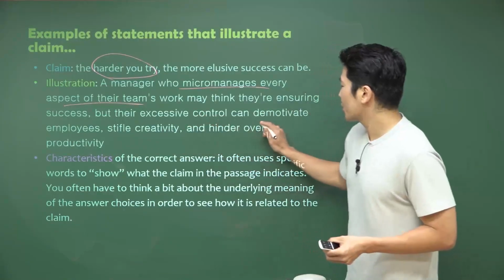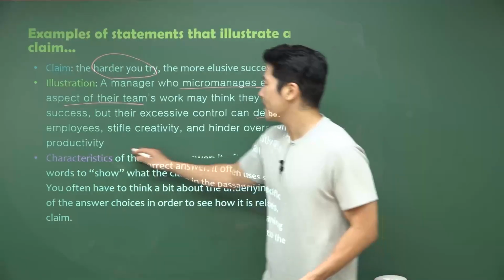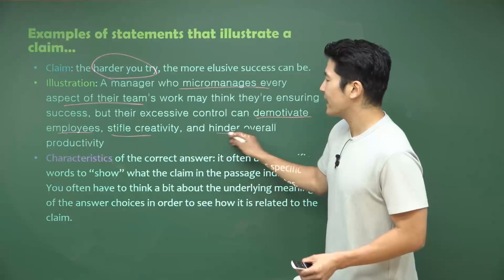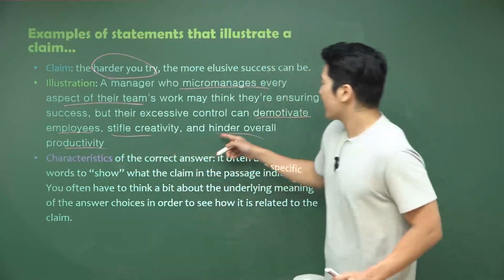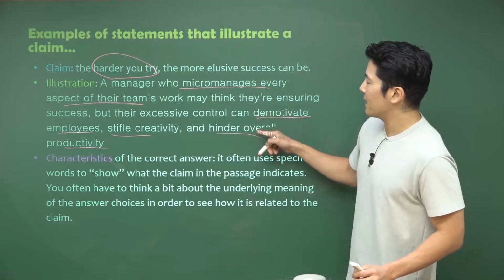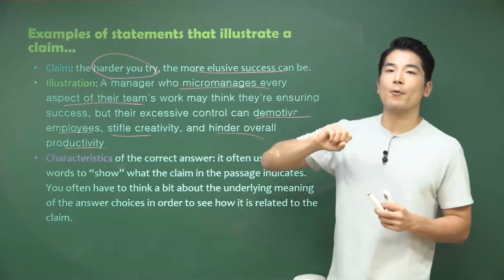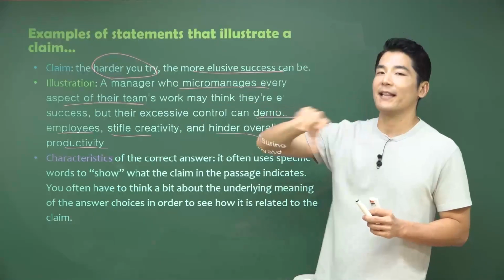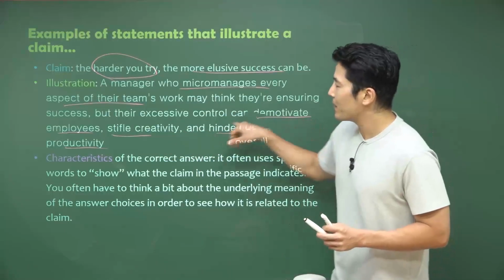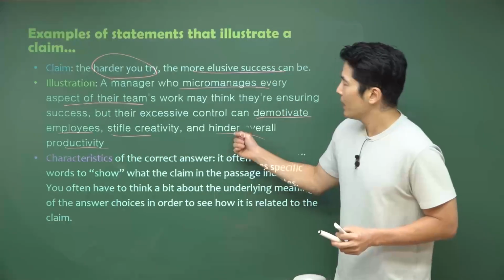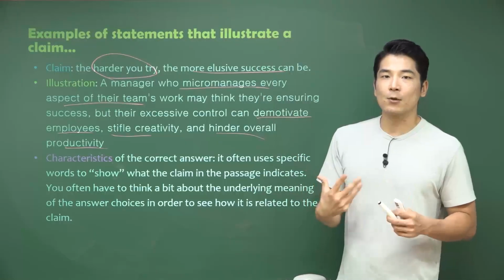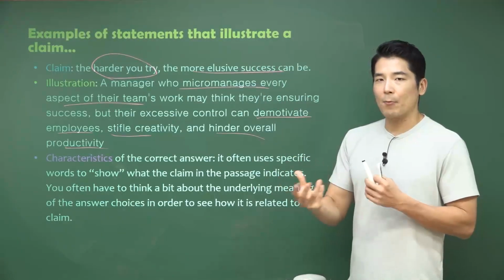Their excessive control can demotivate employees, stifle creativity, and hinder overall productivity. So this directly relates to success becoming more elusive, like you're becoming less successful. These would be the words that show what the claim says or tells you. Can you guys see how it works?